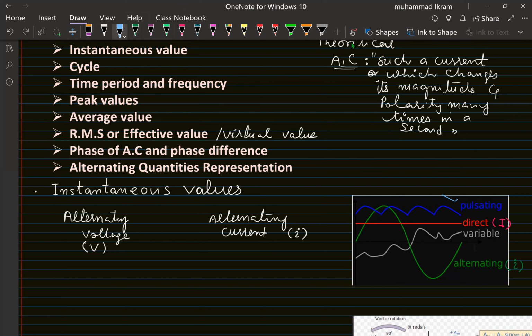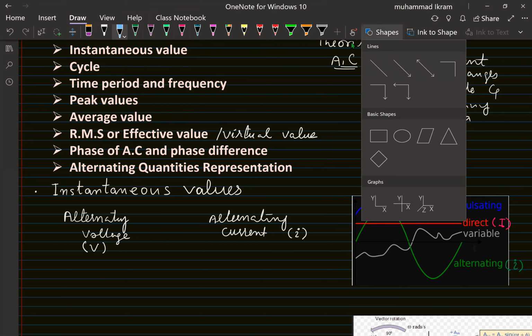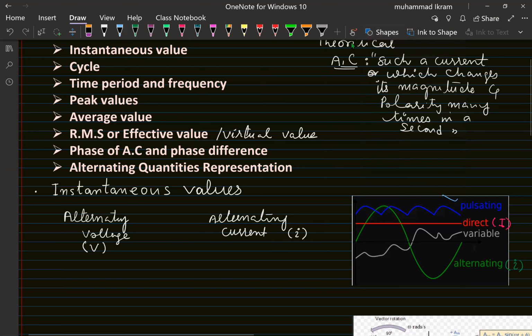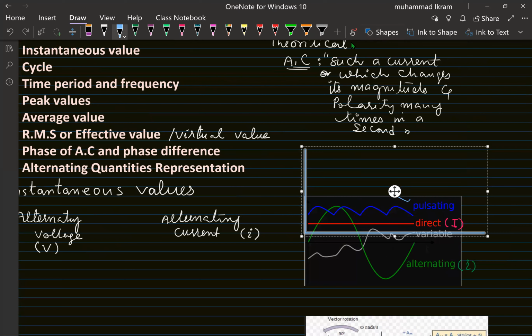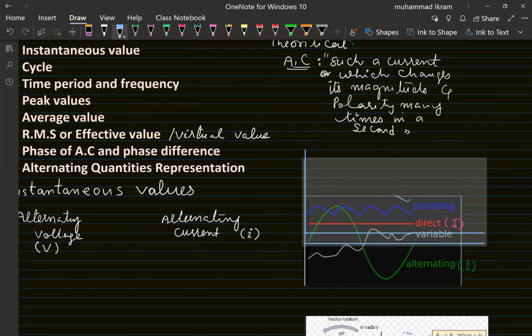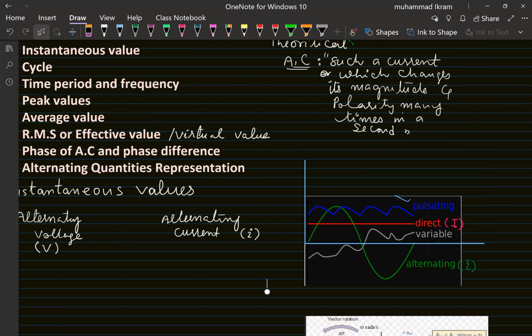If I draw the diagram, you see here, this is our y-axis, and this is our x-axis, and all these things change in time.